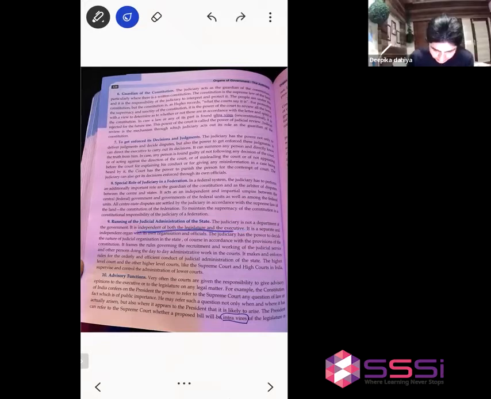Underline this line. It is independent of both. The line that I've underlined, and underline one more line: it frames rules for the day-to-day administration in the courts at the lower levels.